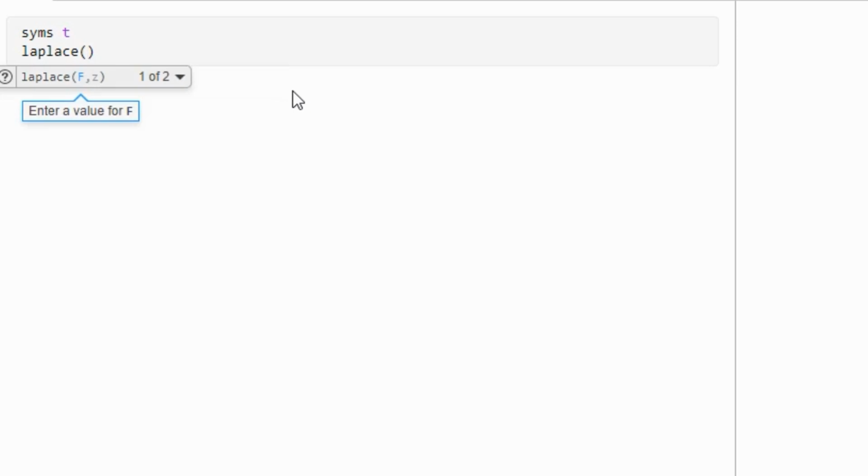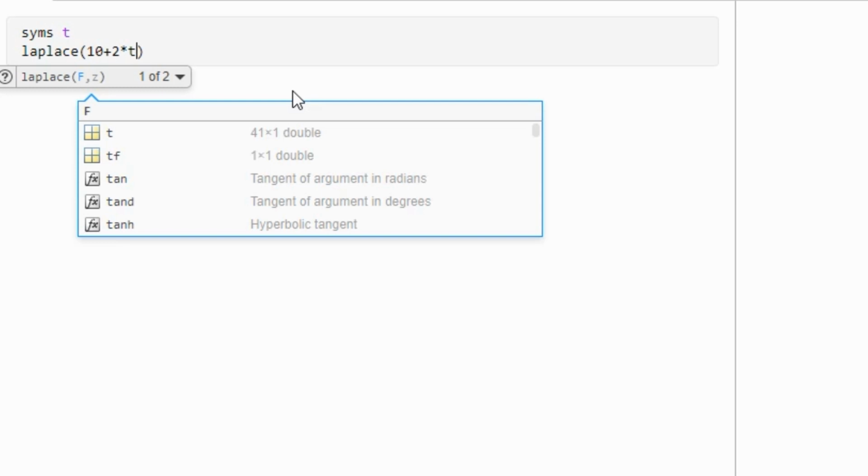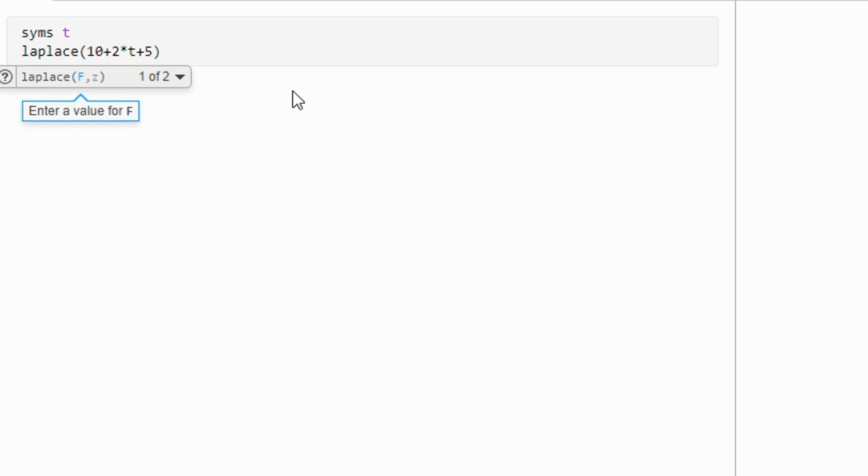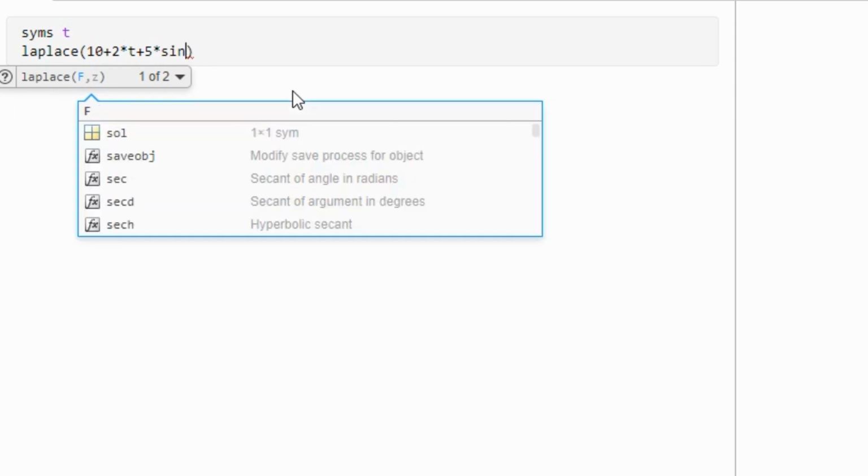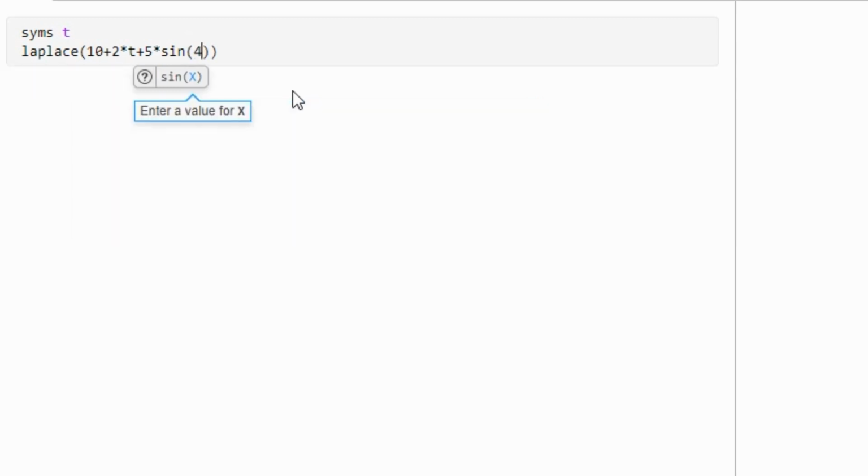You can copy and paste in MATLAB, or you can type syms t and Laplace. You will type over here the same code: 10 plus 2 multiplied by t plus 5 multiplied by sine 4t.